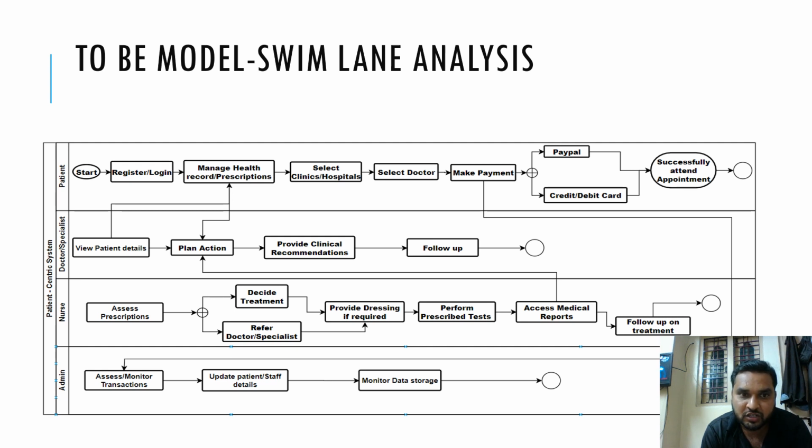Starts with registration, login, manage health record prescriptions, selecting client and hospitals, selecting doctors, and then make a payment or pay through credit card or PayPal. Then successfully, appointment will be created.